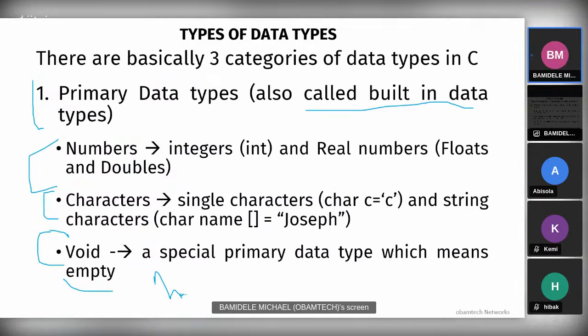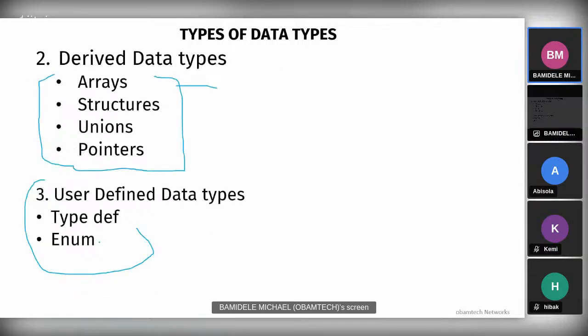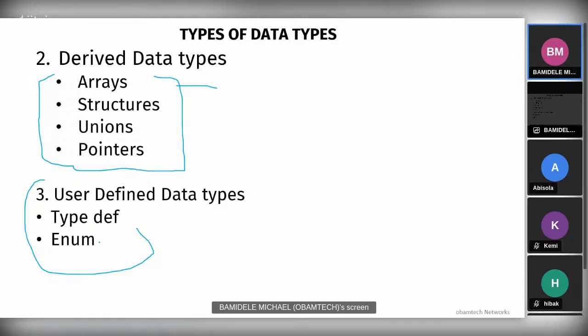Coming back, three categories of data type: primary data type, under which we have numbers, characters, void; derived data type, arrays, structures, unions, pointers; user defined data types, for example typedef, enum.